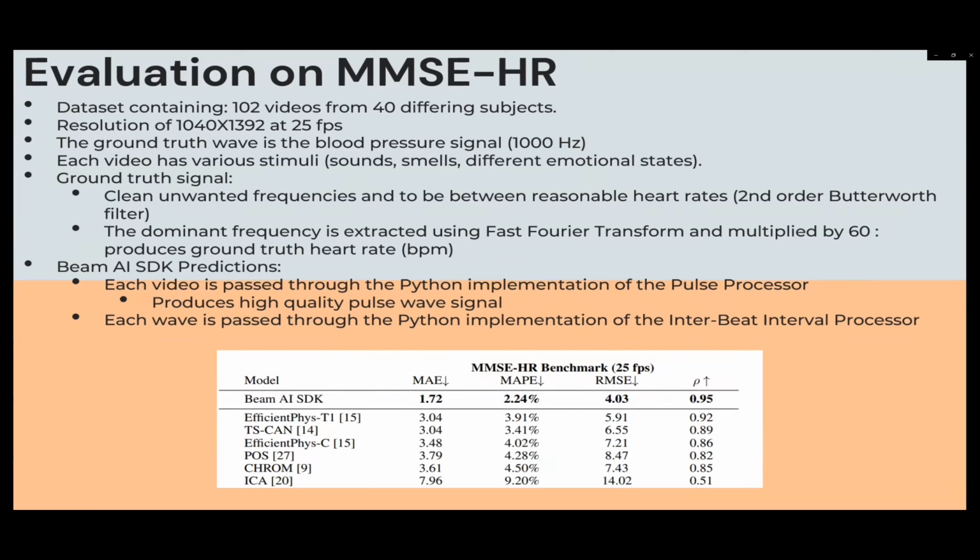However, the difference this time was that they also wanted to extract the dominant frequency, and they did so by using the fast Fourier transformation and then multiplying it by 60, which would produce the ground truth heart rate in beats per minute. Then again, they did the same thing with the Beam AI SDK predictions through the Python implementation, and at the bottom you can see that this one performed the best out of all the other options on all metrics.